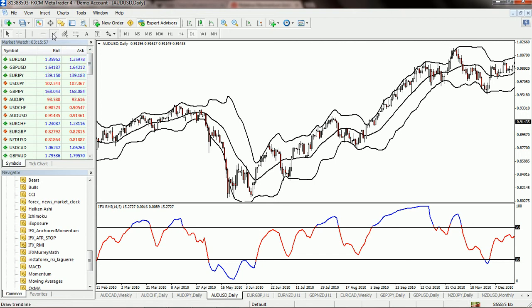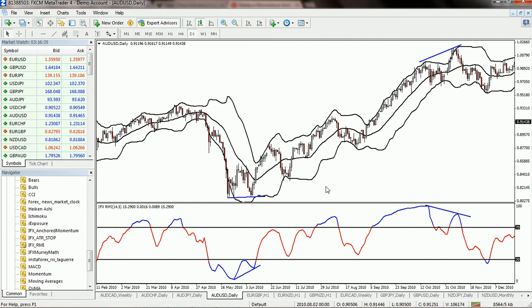If you see here, the price is showing higher highs, but the indicator is showing lower highs. See, this is a divergence here. So you can use this indicator for trading this kind of divergence also.